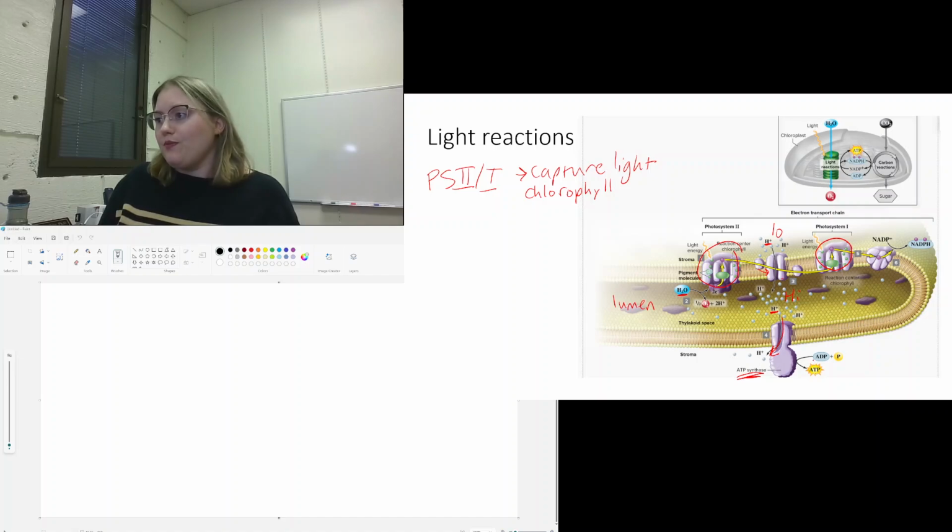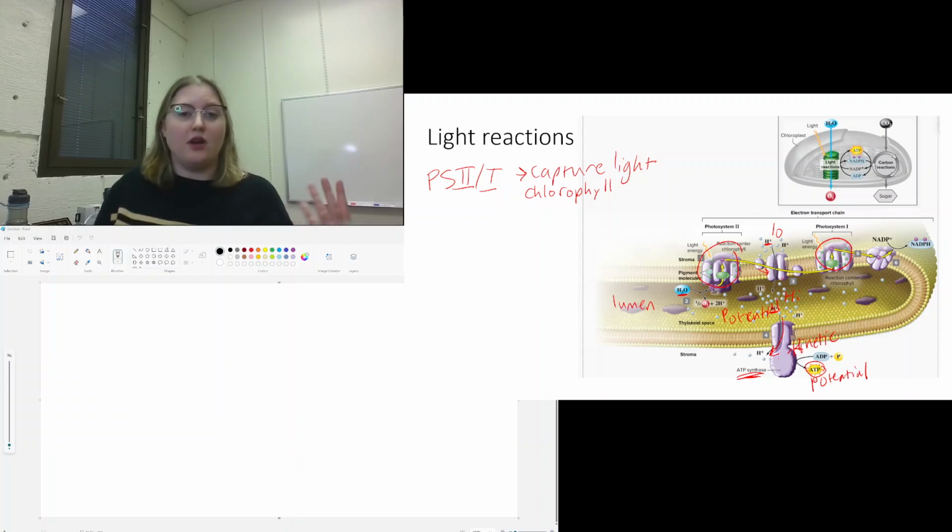And that energy, the potential energy from this gradient, we are getting kinetic energy in ATP synthase, and that kinetic energy is being made back into potential energy in ATP. Okay, so the hydrogen ions are like the wind in our windmill, and they're helping us generate ATP.